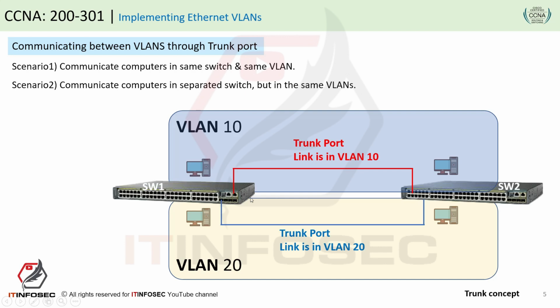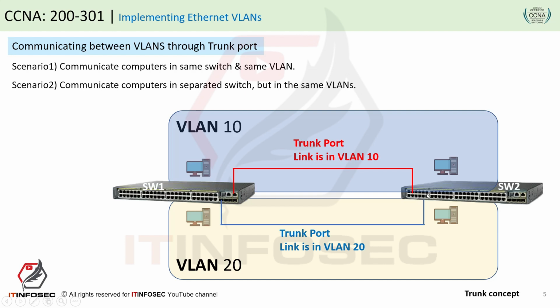In this situation, we need just one physical link. I drew two ports, but it is just logical. In the real world, you just need one physical port connected from one switch to the other switch.